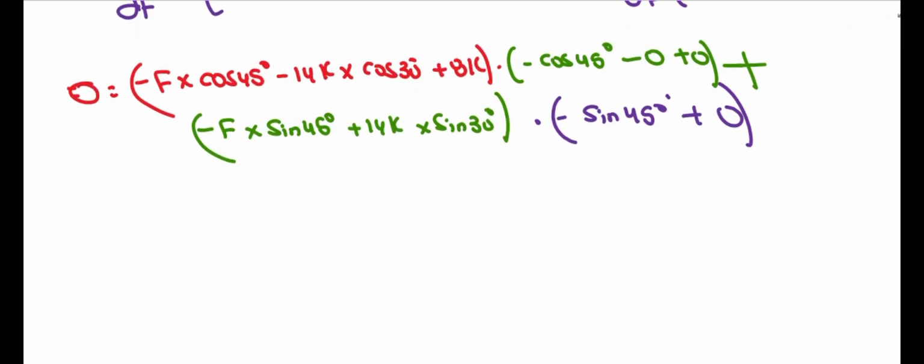Okay, so don't worry about it. So it will become 0, which is equal to (−F cos 45° − 14 kilo cos 30° + 8 kilo), and the kilo here is nothing but 10 raised to the power 3.